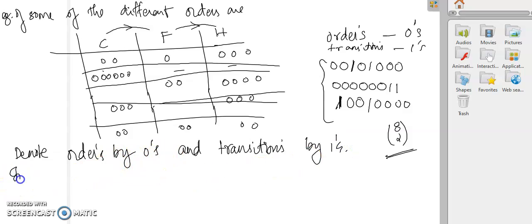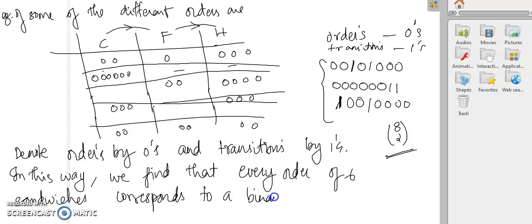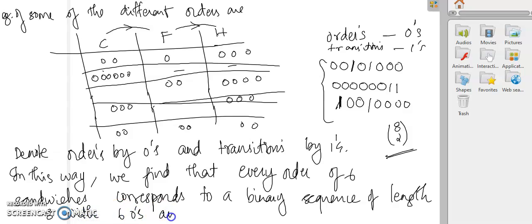In this way we find that every order of 6 sandwiches corresponds to a binary sequence of length 8 with 6 zeros and 2 ones.